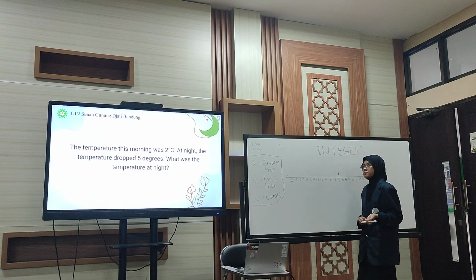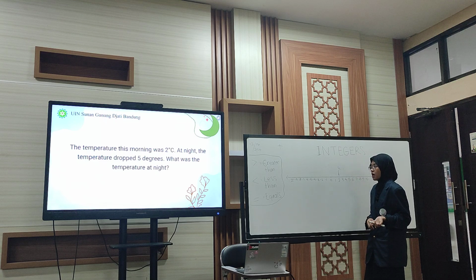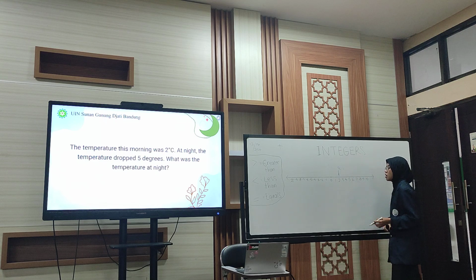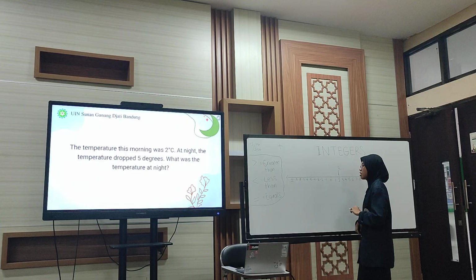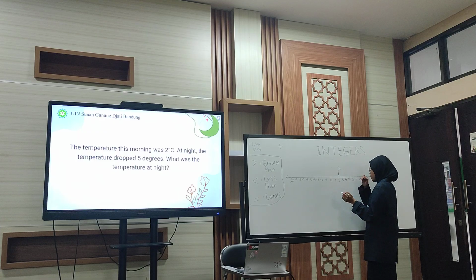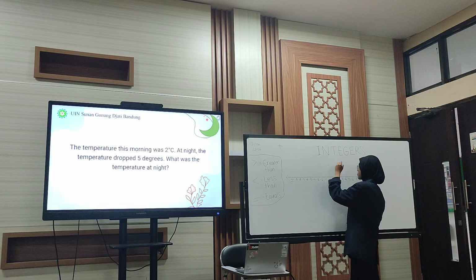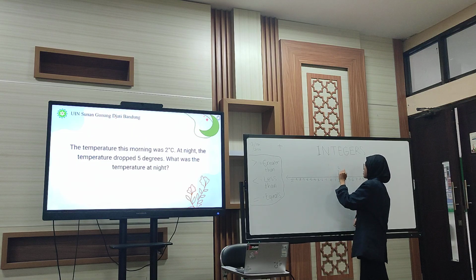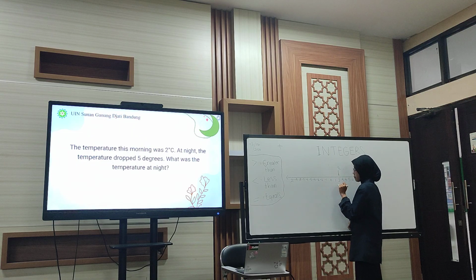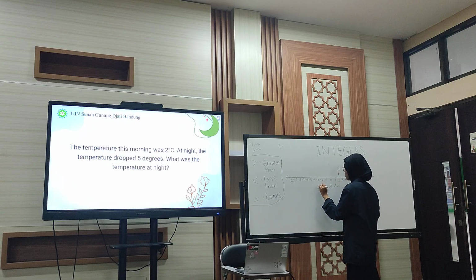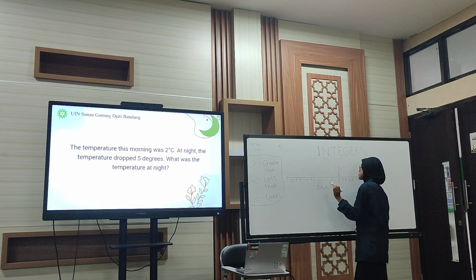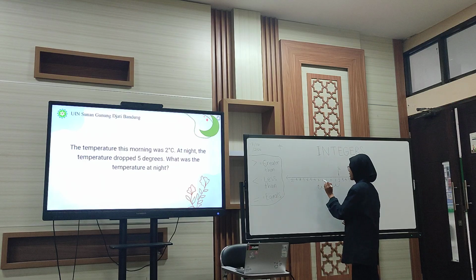Drop here means minus, or we're going to the left. We take 5 steps to the left from the starting point, which is 2: 1, 2, 3, 4, 5. Okay. Now the stopping point is negative 3.